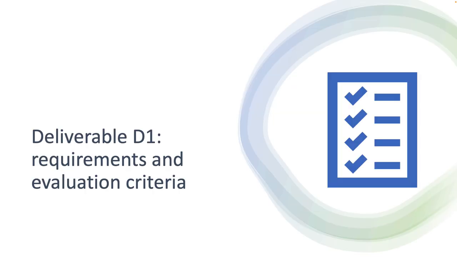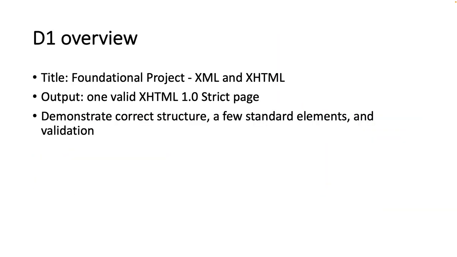We'll talk about the requirements and the evaluation criteria. So the overview is that D1 is what we referred to in the syllabus as the foundational project: XML and XHTML.